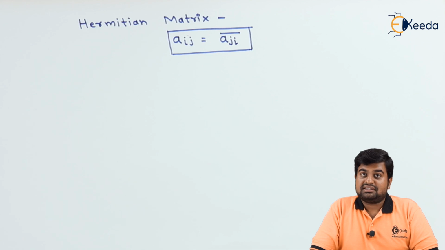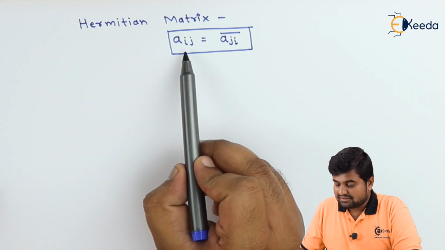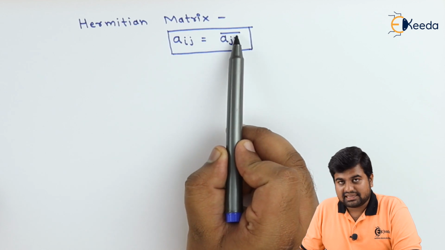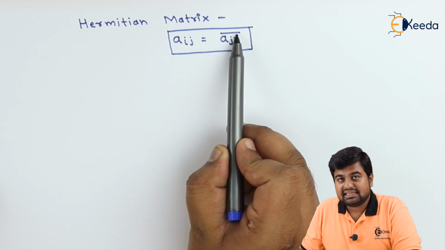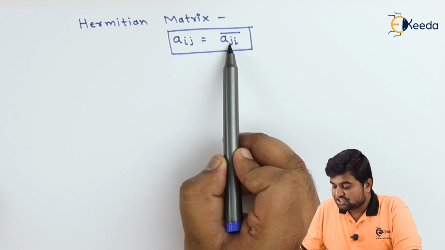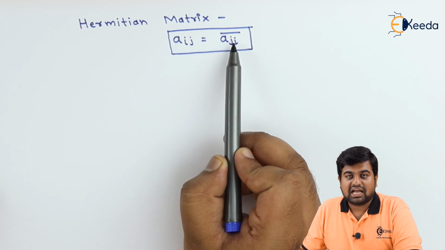So friends, it is very important to know what the diagonal elements are in order to construct any particular matrix. So let us focus on how to construct a Hermitian matrix. As I said, Aij is equal to the conjugate of Aji, and this sign indicates the conjugate.